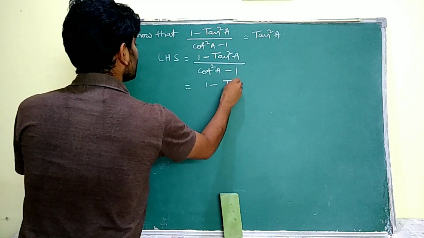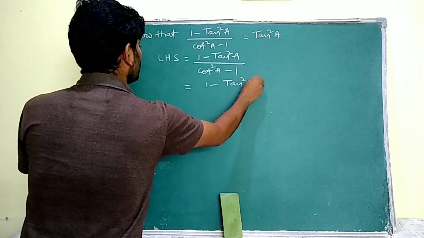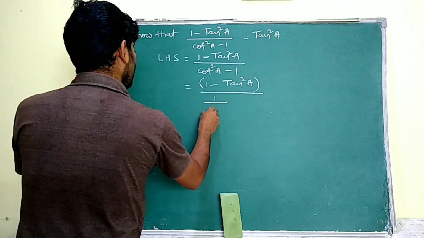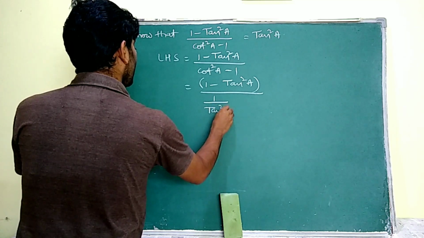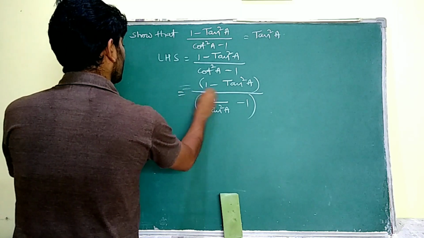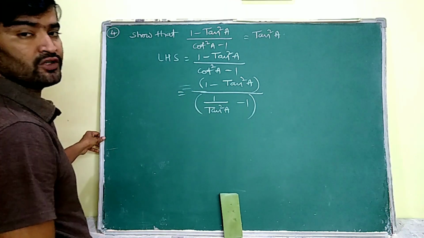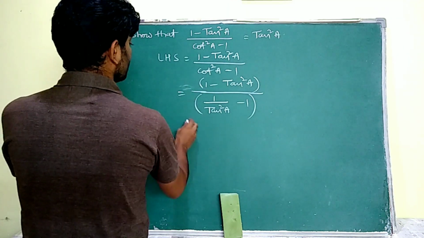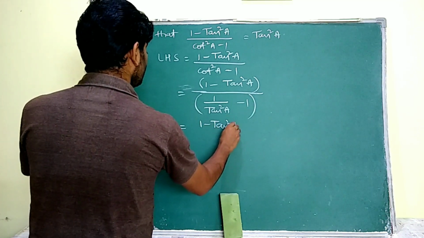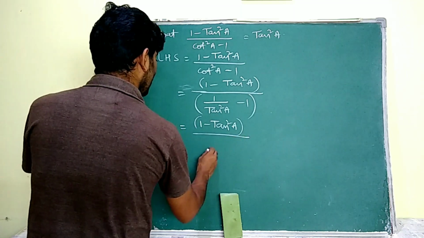So 1 minus tan square A, I don't want to change anything in the numerator. In the place of cot square A, I am going to write 1 by tan square A. That's it. I just converted the cot into tan. So 1 minus tan square A, whole by, take the LCM here.